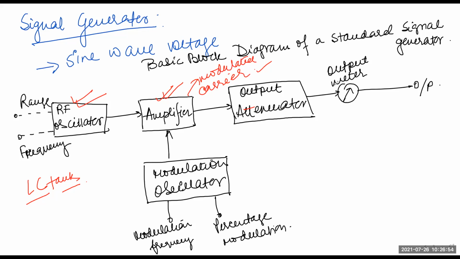Now the frequency stability of the oscillator must be high at all frequency ranges. The frequency stability depends on the constant supply of voltages, and therefore regulated power supplies are used. Because when you are getting a carrier frequency which is given to the RF oscillator, it should have a constant supply and a regulated power supply.